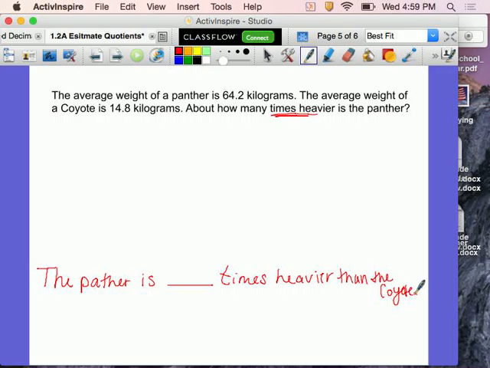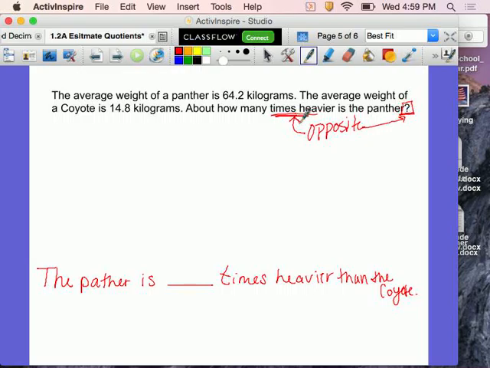So your multiplication problem is actually in your answer, which means you have to do the opposite of times. If you see times in the question, you do the opposite.